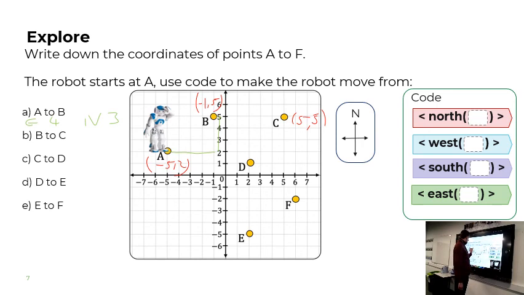It's just gone to the right, or easterly direction. How many units travelled? It's travelled east 1, 2, 3, 4, 5, 6 units. Pause the video and have a go at the rest of this exercise.